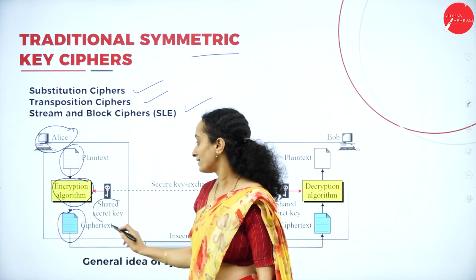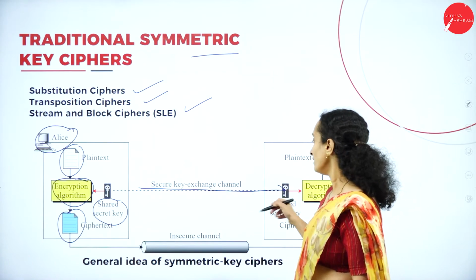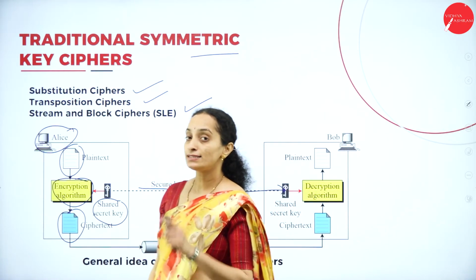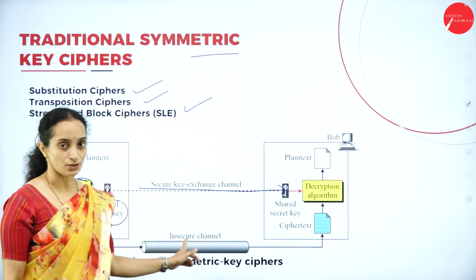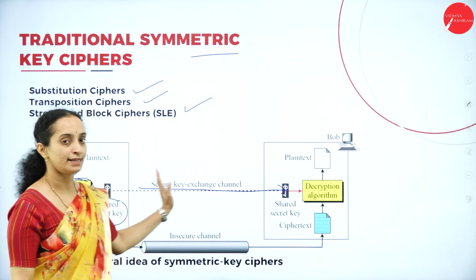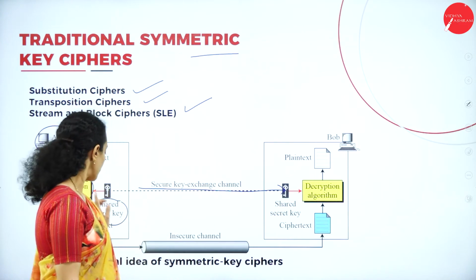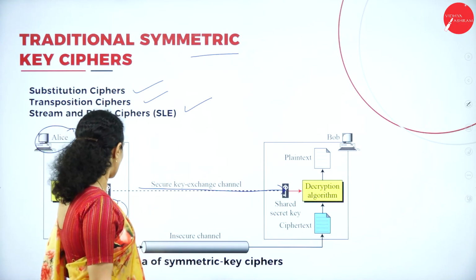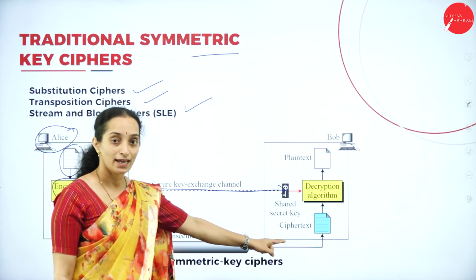There will be a shared secret key, which will be shared on a secure channel, not on an insecure channel. On the secured channel, the secret key will be shared by Alice with Bob. But Alice is going to share the ciphertext on the insecure channel.